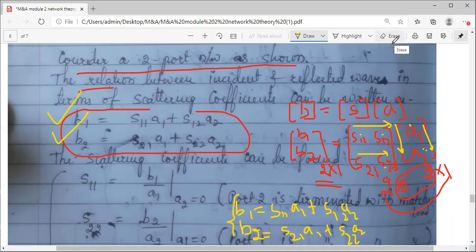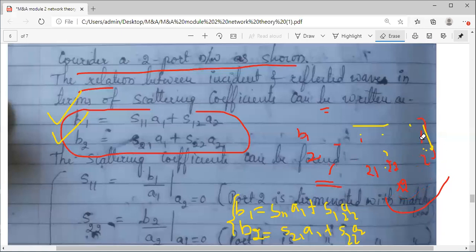Now, how to find these different S values? I hope you understood how to get the equations. Let me just erase this so that whatever I have written is visible to you. These parameters can be found under short and open circuit conditions.